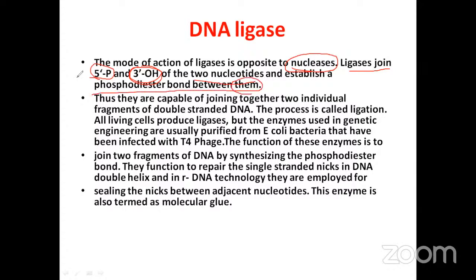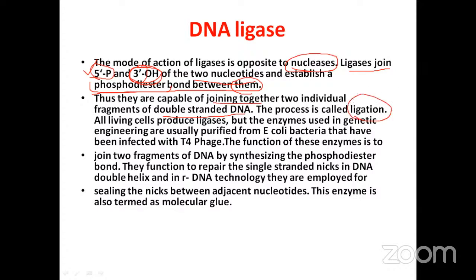So with the help of ligase enzyme, the 5 prime phosphoric acid of one gene attaches with the 3 prime hydroxy group of another with a phosphodiester bond. Thus, they are capable of joining together two individual fragments of double-stranded DNA. The process is called ligation.